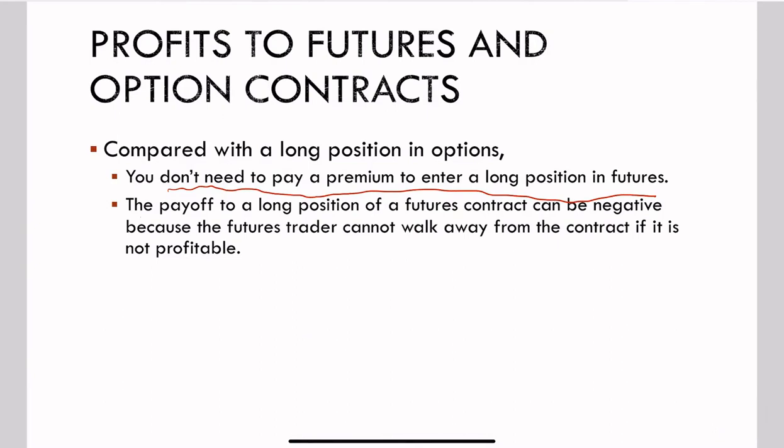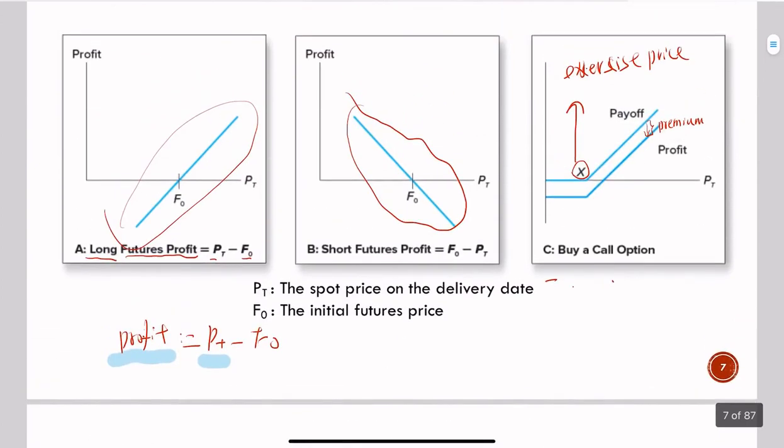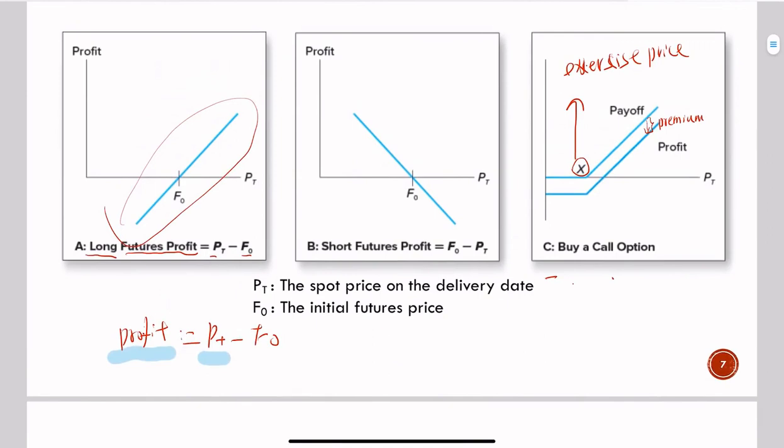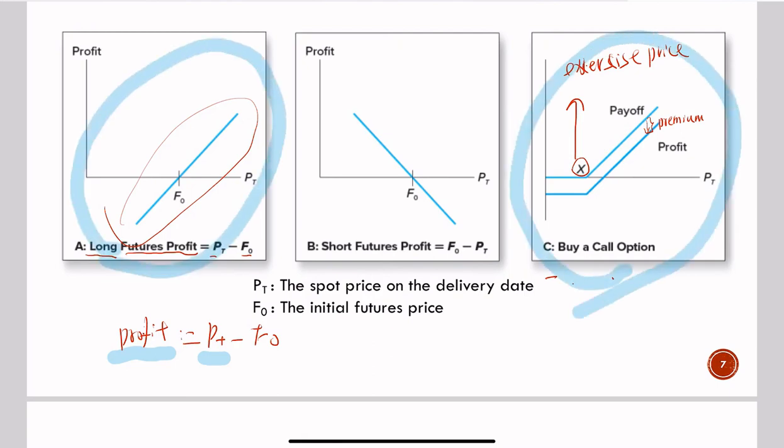And then a second lesson, which is pretty important, even if you're a retail investor. If you compare picture C and picture A, that is this picture with this picture, what you can see here is when you're taking a long position in a call, then you're pretty much protected, right?